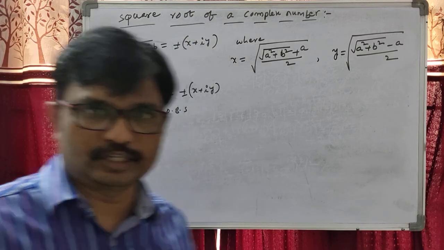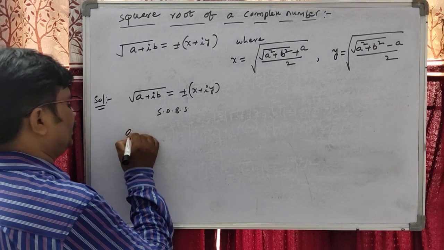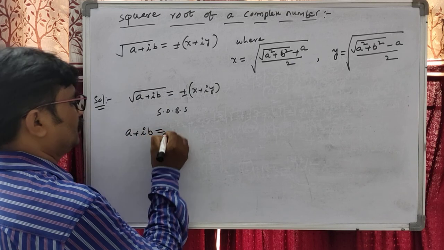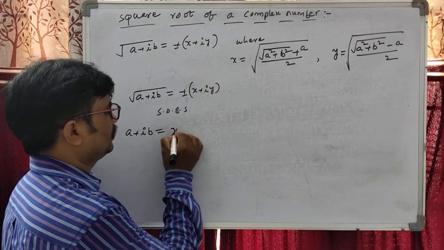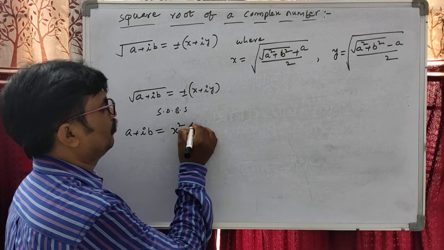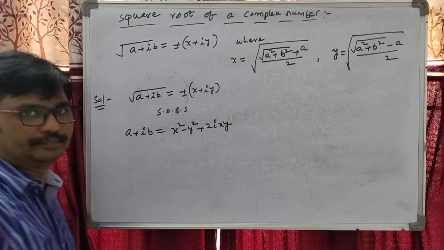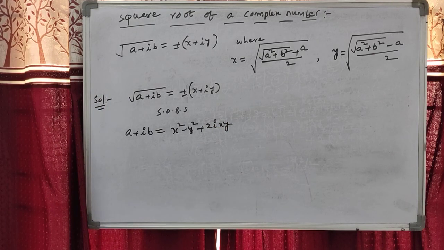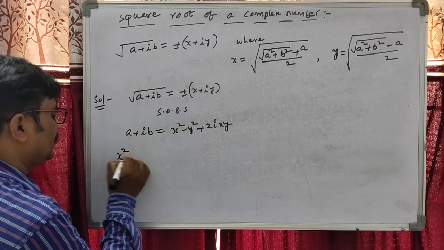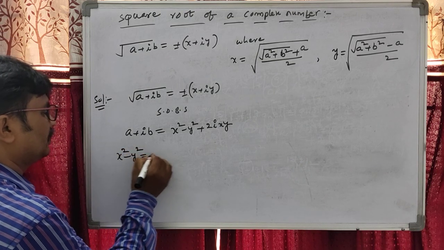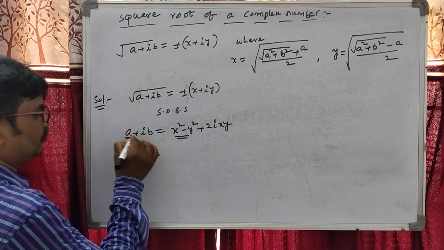Are you understanding, students? Now squaring on both sides, we get a plus ib, since plus square and minus square are both plus. Now this is x square minus y square plus 2ixy. Equating the real part, x square minus y square equals a.